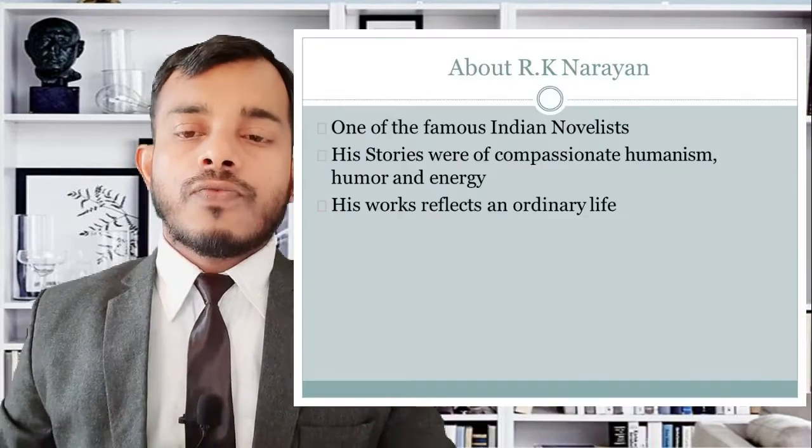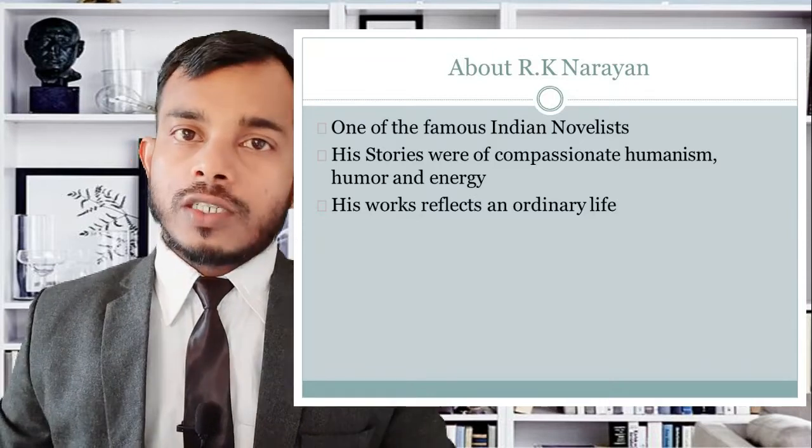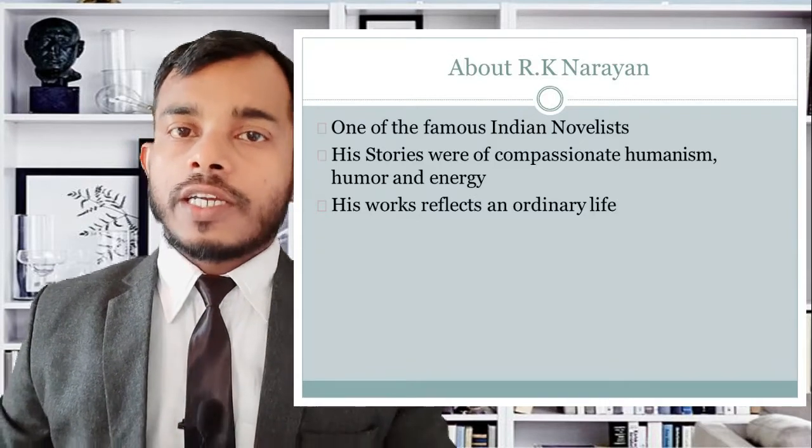So as I said, this story, A Horse and Two Goats, is written by R.K. Narayan. I will say a few words about R.K. Narayan, his biography, and why he was one of the famous Indian novelists. R.K. Narayan is an Indian.